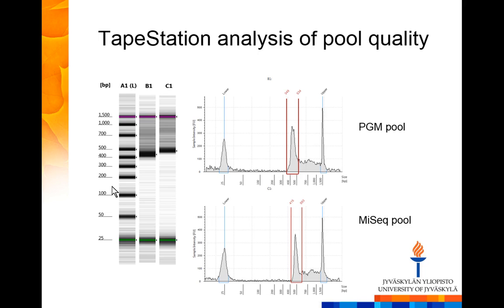I checked the quality of the pool, and as you can see, the quality of the pool is really comparable. You have some crap here for both, but actually it's a very good quality template. So just to make sure that you have the same quality template going to both sequencings.